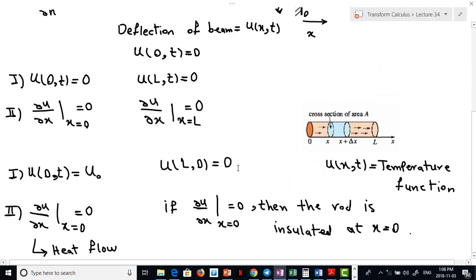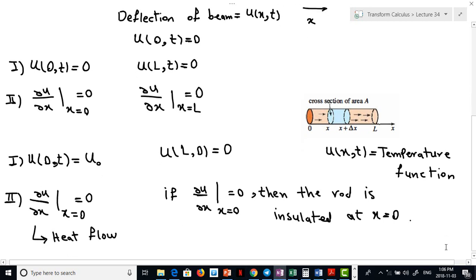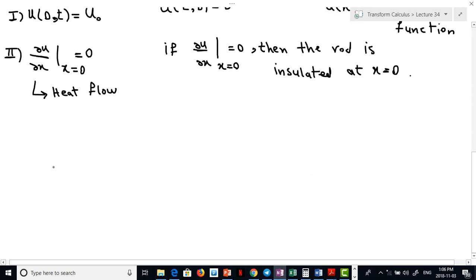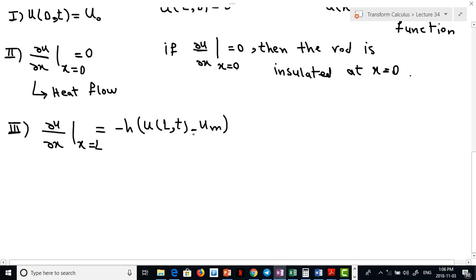For example, for the rod and for the heat equation, for the Robin condition, we can say that the derivative of u with respect to x at x equal to L is equal to minus h times u of L and t minus u_m.